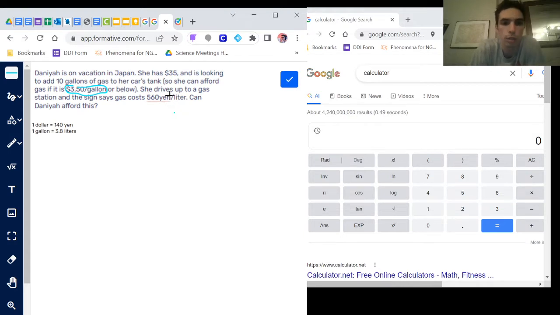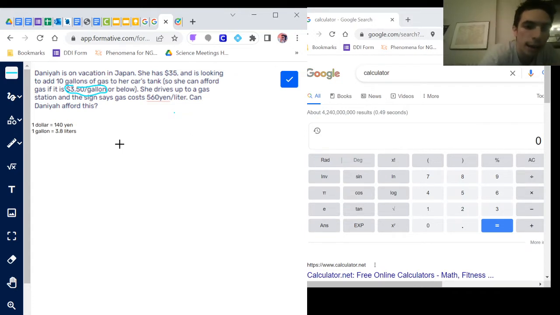I'm going to choose to convert the yen per liter into dollars per gallon just because in the US it's more intuitive to me to get things in dollars per gallon, because that's what I'm used to. But if you did it the other way, you should still get the same answer. You should still come to the same conclusion even if you end up with some different numbers.